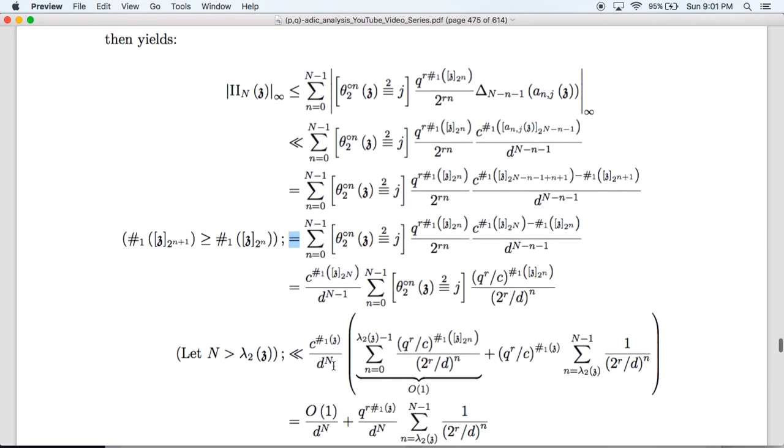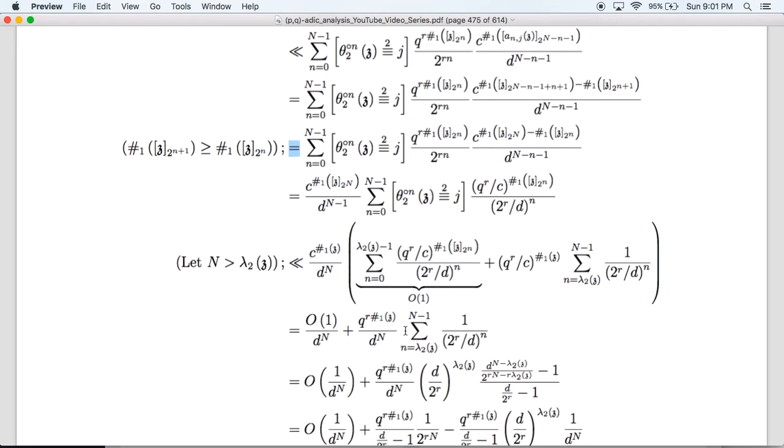Now pick n bigger than the number of two-adic digits of z. Then, by a constant of proportionality, we pull out the terms where little n is less than lambda 2 of z or greater than it. This thing is going to be O(1), bounded as big N goes to infinity, and this is a geometric series.